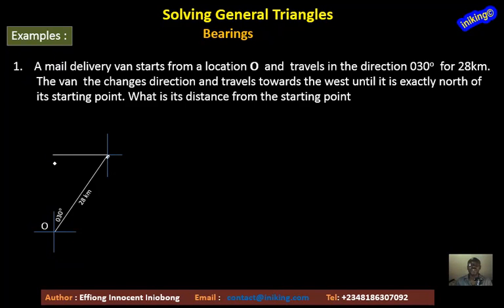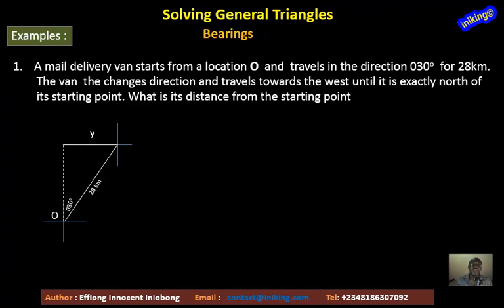On arriving at this point, travel to the west, as the white line indicates, and then stop exactly when it is north of its starting point. So we have a right angle triangle. The question now is saying we should calculate its distance from the starting point. This is where the van is now. So we have to calculate the distance from O to that point.